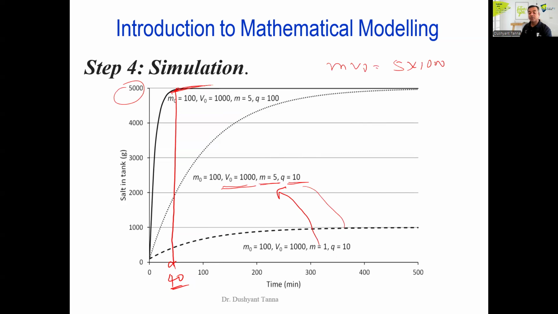It has a lower flush out rate, 1/10 of 100 because it's just 10. So it takes more time. As you can see, even at 500 there is a bit of a gap, so you have to go a bit further, maybe approximately 600 minutes, so 10 hours, until it is flushed out. So this is the simulation part of the problem.